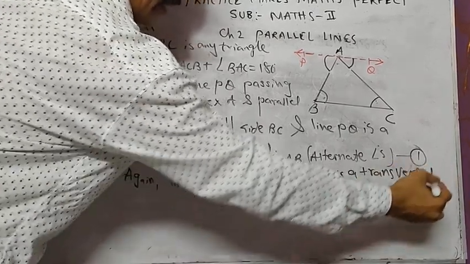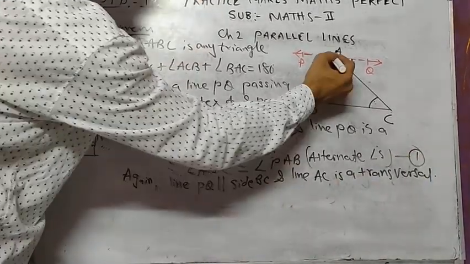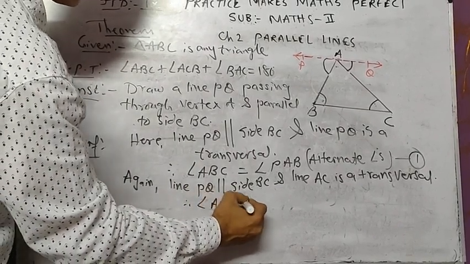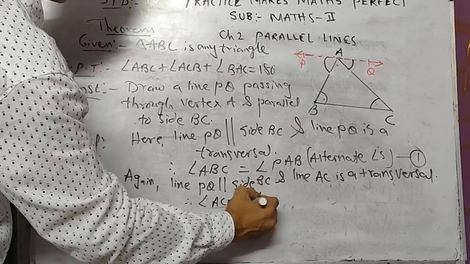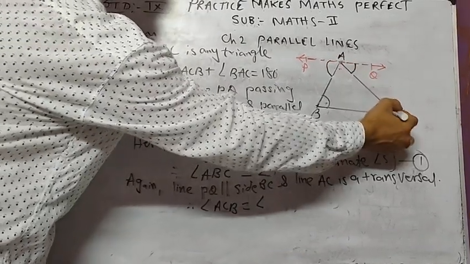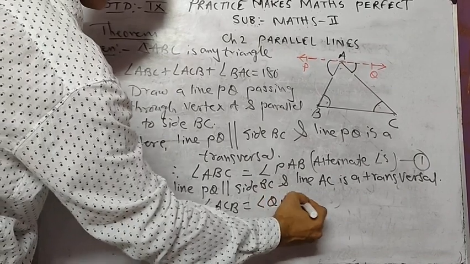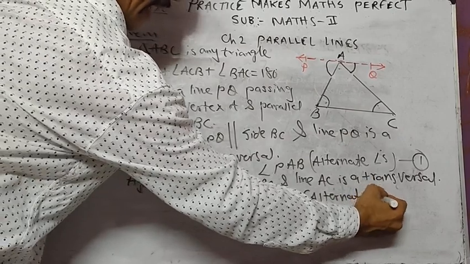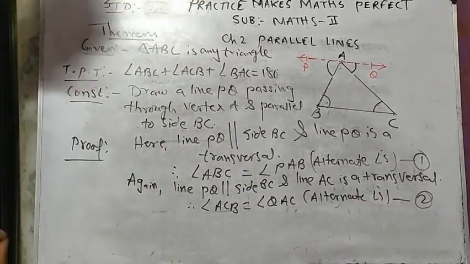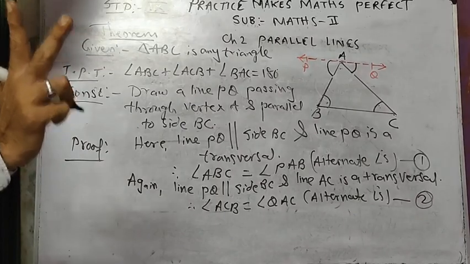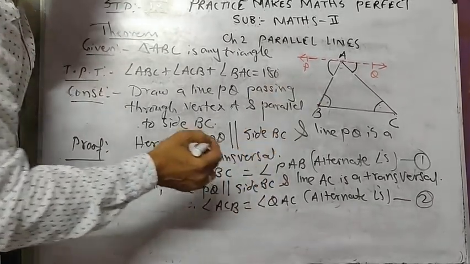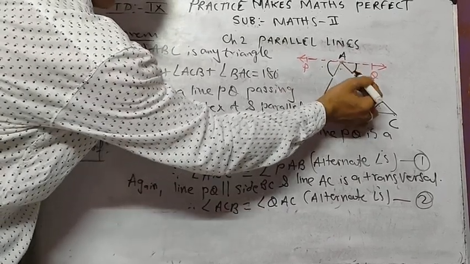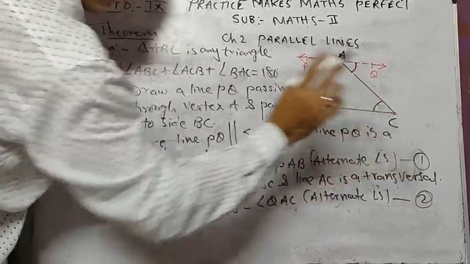Now this is your transversal. Therefore, angle ACB is equal to angle QAC. Reason: alternate angles. Statement number 2. So two times you are taking the help of alternate angles. First time this is a transversal, second time this is a transversal.